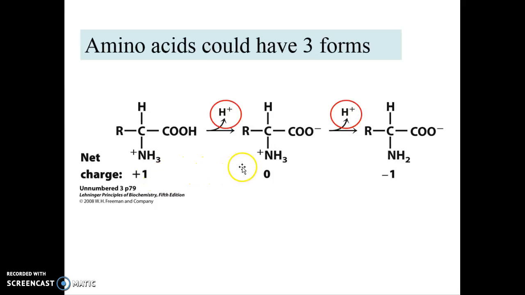As pH increases, the proton in the carboxyl group is released, making a zwitterion, so the net charge is 0. Further increasing pH causes another release of a proton from the amino group, so the net charge will be -1.